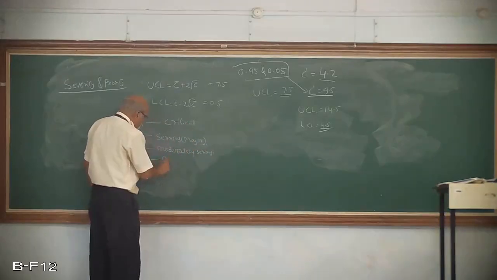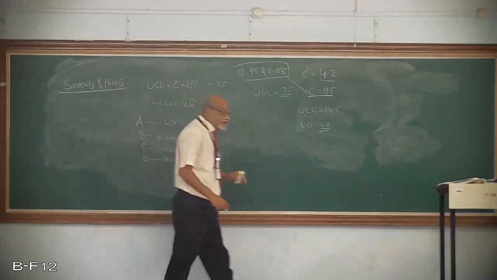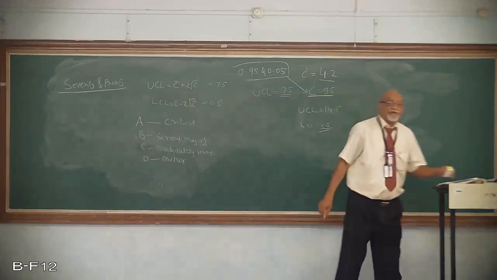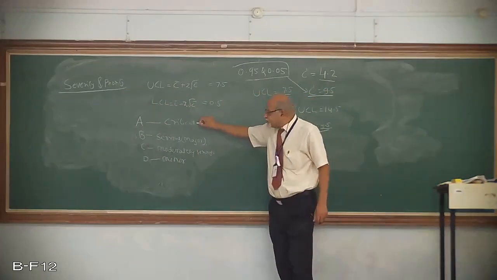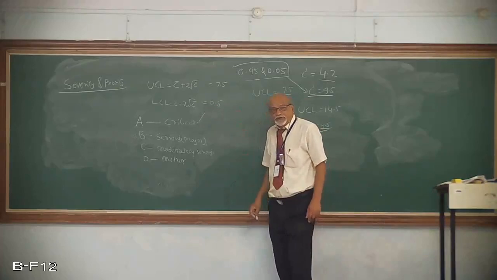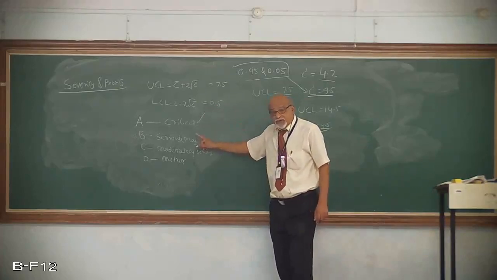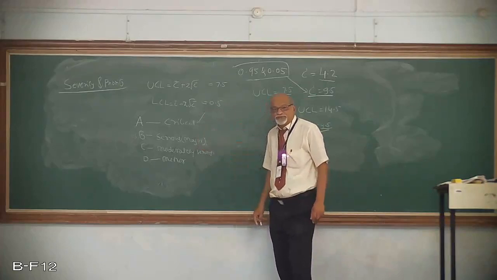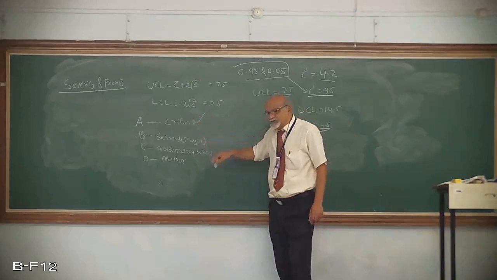And D is minor. So we can identify these things. For A, critical means the entire system is going to fail. Here, some parts of the system are functional. So the first priority I have to give to this. Next priority, I am going to give to the others.